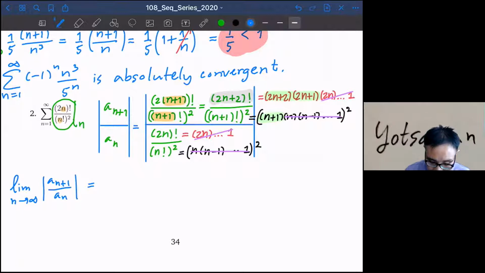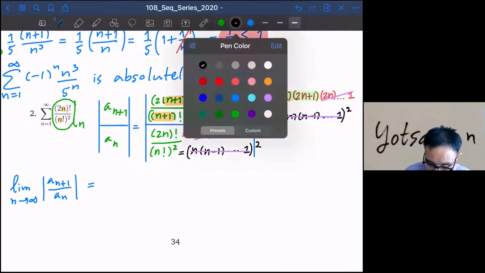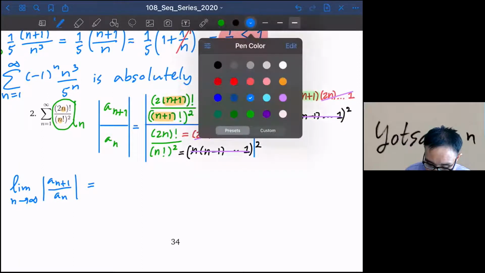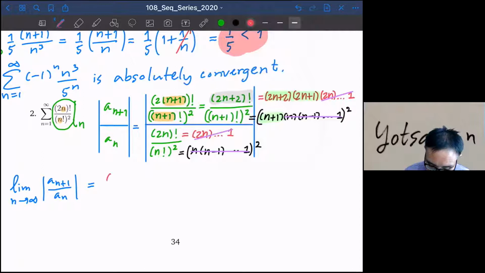So this one will be just the green term that you have left up there. So it would be (2n+2)(2n+1), okay, so it's going to be over n plus 1.